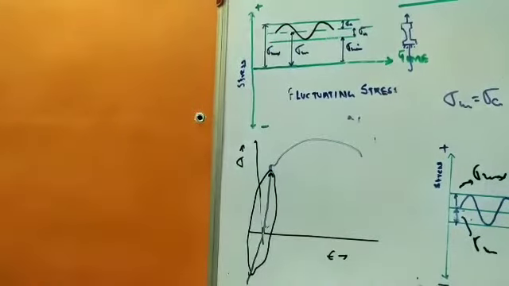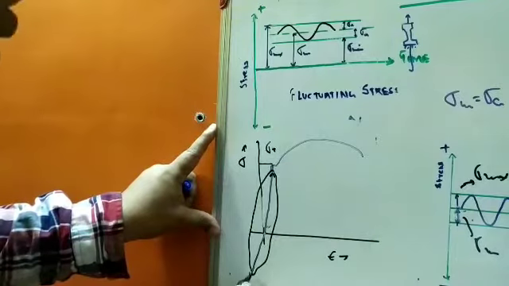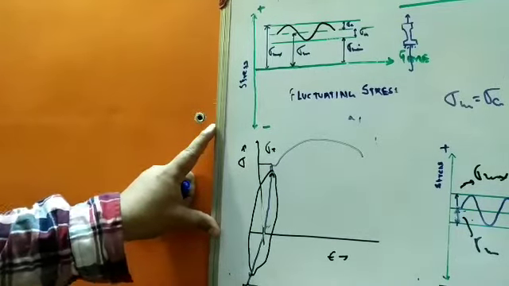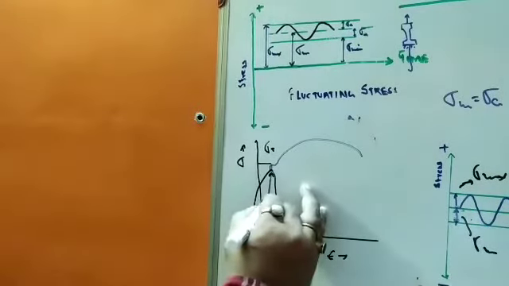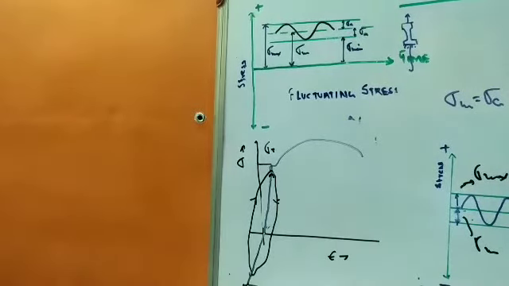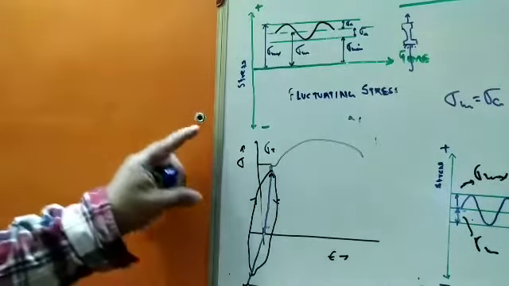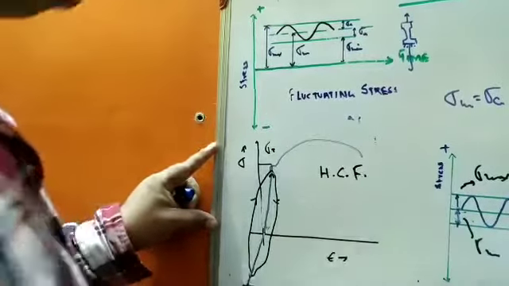That is, in either case you are not crossing the yield point, in tension and also in compression. Now this sort of loading is basically called HCF, high cycle fatigue.